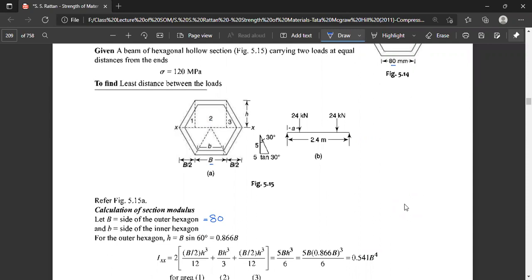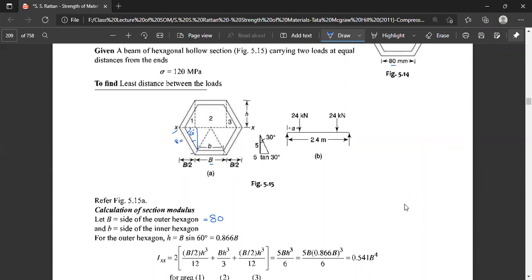So if we draw an angle here, this angle will be 60 degree and this angle will be 30 degree. The length of the outer side is given as 80 millimeter.